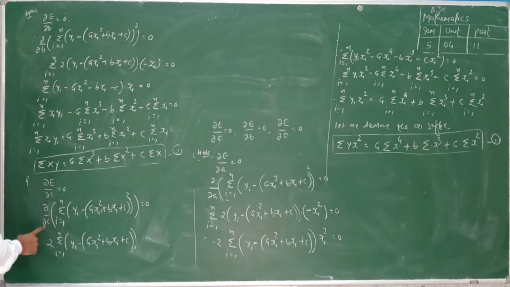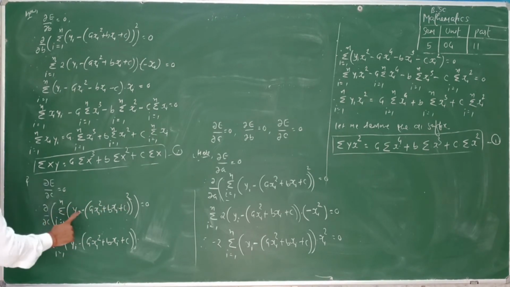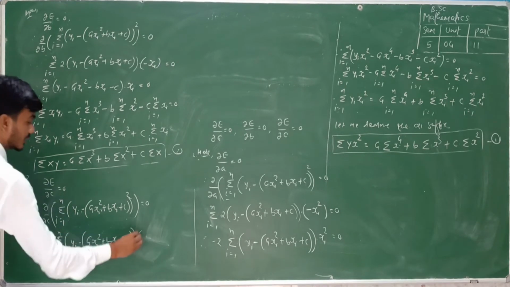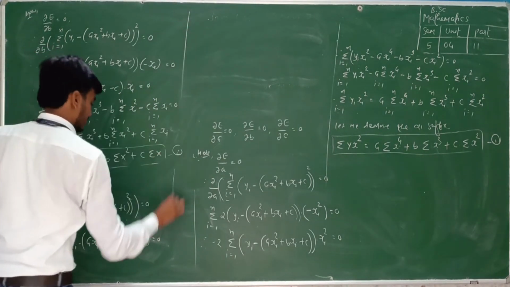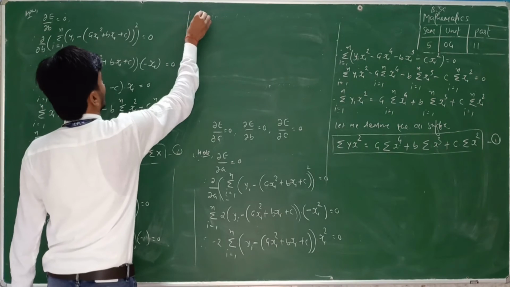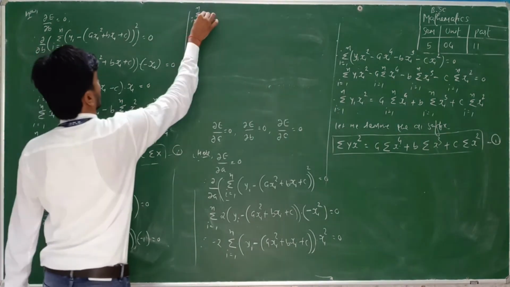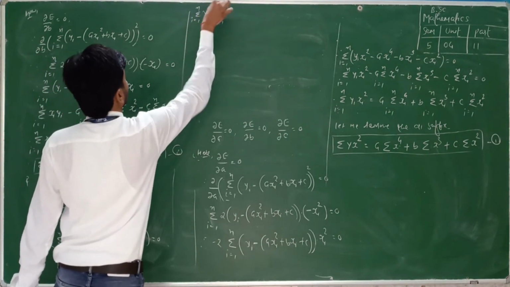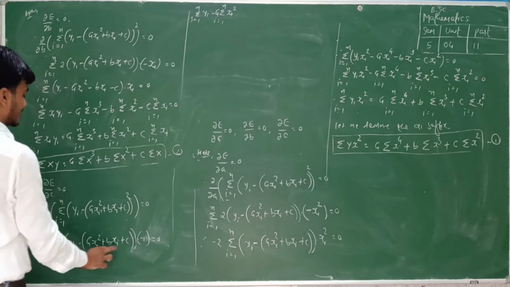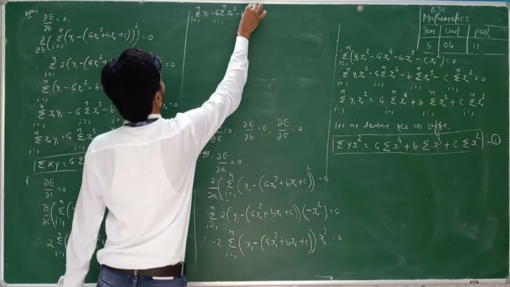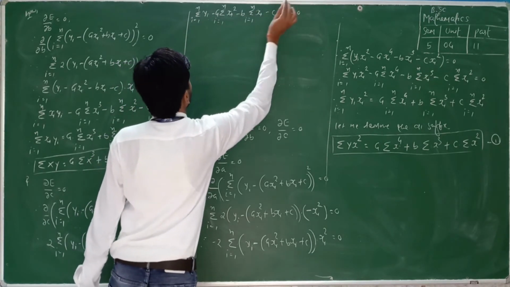The derivative of yi with respect to c is 0, axi square with respect to c is 0, bxi with respect to c is 0, and c separating the constant gives minus c, whose derivative with respect to c is -1, is equal to 0. Taking -1 and 2 to the other side gives 0, so we write sigma on all the terms: sigma i = 1 to n yi minus a constant sigma xi square minus b constant sigma i = 1 to n xi minus c constant sigma i = 1 to n 1 is equal to 0.